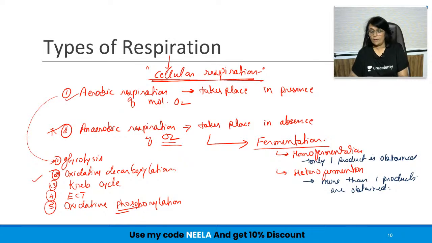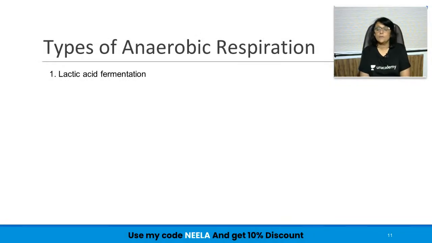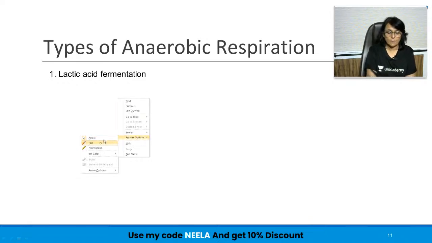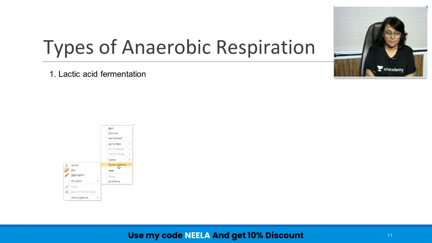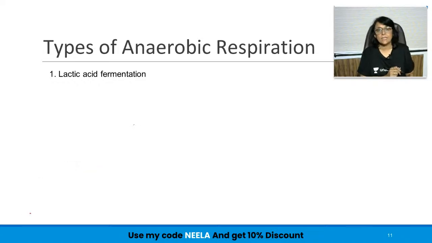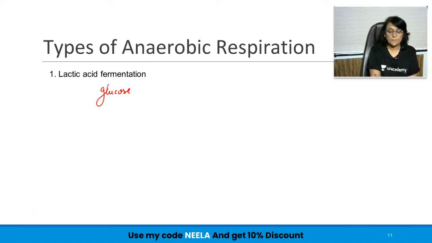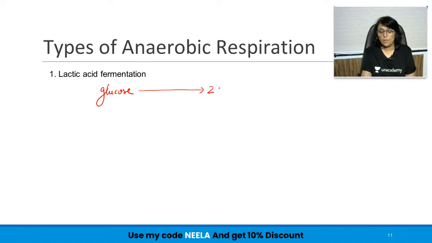Okay, so we will come back to this homofermentation and heterofermentation. Now let us talk of the first type of anaerobic respiration. It is known as lactic acid fermentation. What happens in lactic acid fermentation is, first, glucose is broken down into two molecules of pyruvic acid.